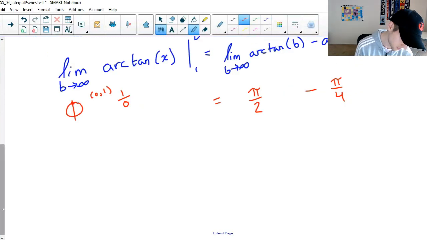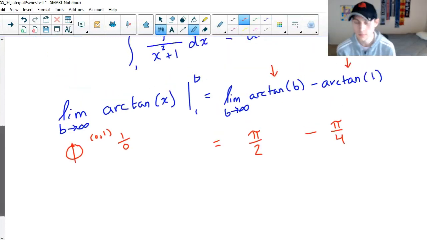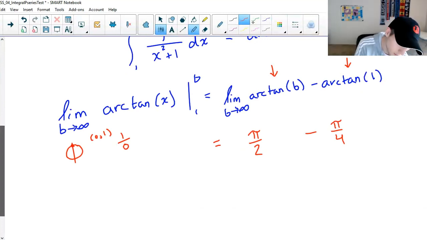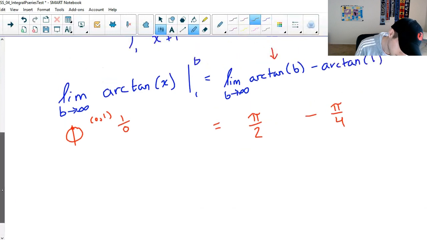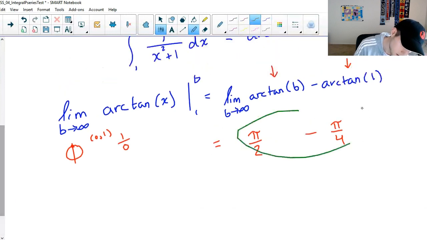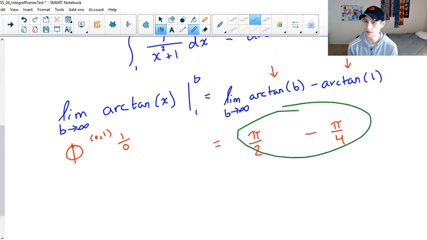So pi over 2 minus pi over 4. I could combine those if I want, but the point is I got an actual value.